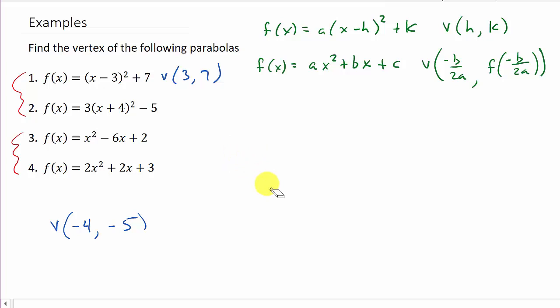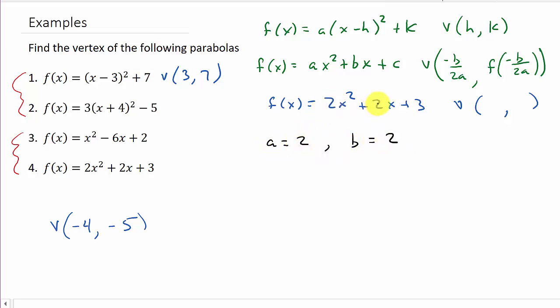All right. So we've got f of x equals 2x squared plus 2x plus 3. And we need the vertex. Okay, we need our x and y coordinate. All right, so let's see what we've got. We've got a is equal to 2 and b is equal to 2.